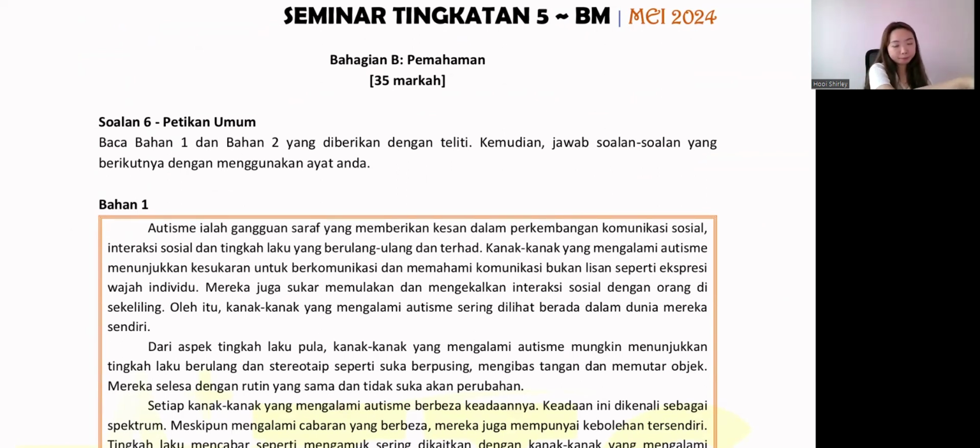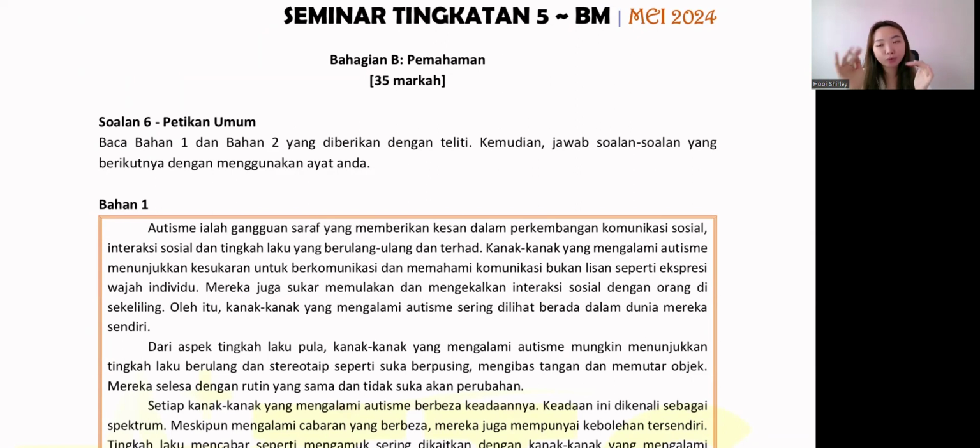Okay, so for this one, petikan umum, the first thing you do, no matter if it's a petikan umum or the petikan sejahtera, the first step you always do is not to read the petikan, it is to read the question. Because you need to get the main points from the question. What is this question asking? Then only you go and read the petikan, then you will know what you are reading, what is the purpose and what is the direction.